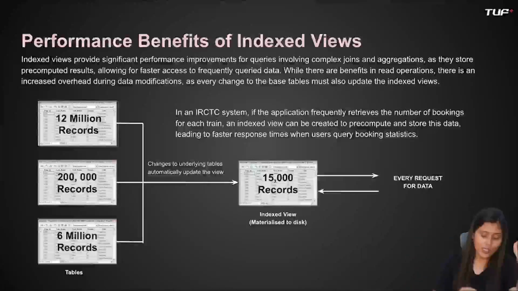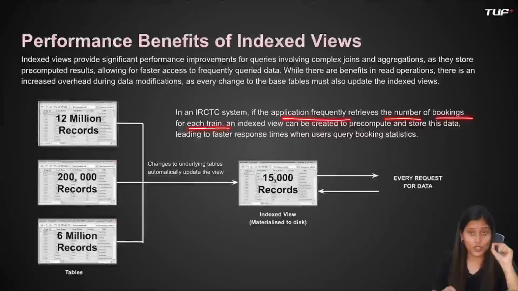Okay, so here is an example in the IRCTC system. If the application frequently retrieves the number of bookings for each train, an indexed view can be created to pre-compute and store this data, leading to faster response times when users query booking statistics.